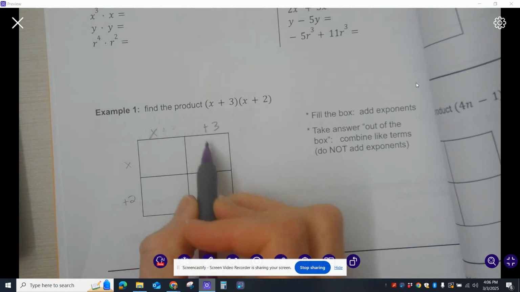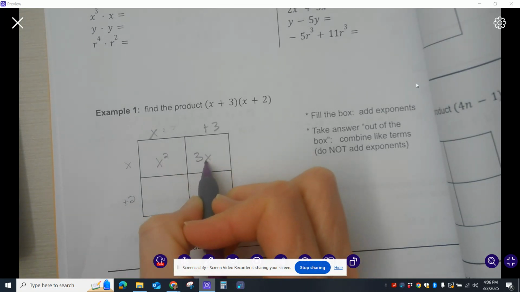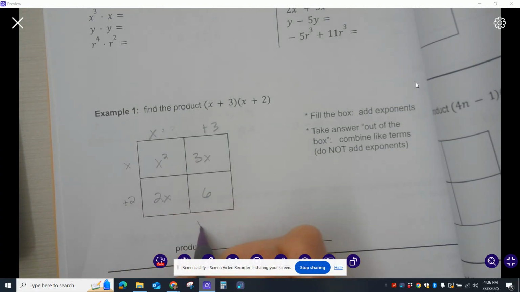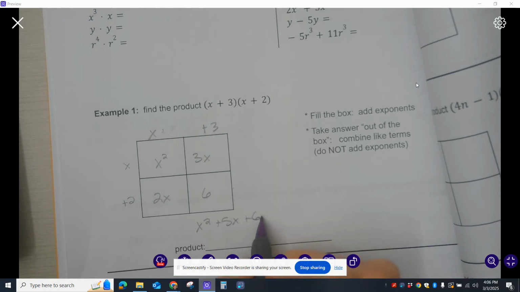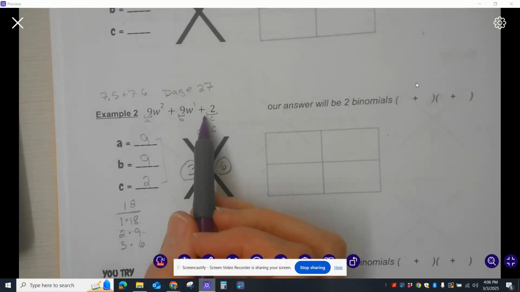What we were finding was the inside. So we multiplied everything and we got the inside. So this was our answer, right? X squared plus 5x plus 6. So what I want to put in the box is this trinomial.